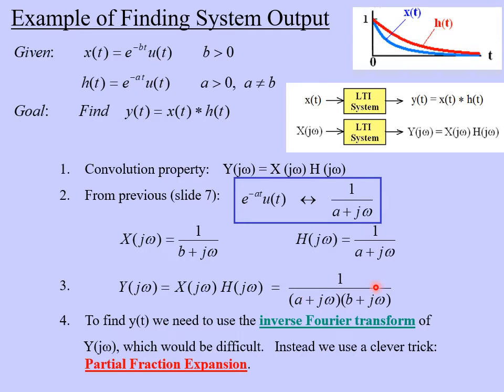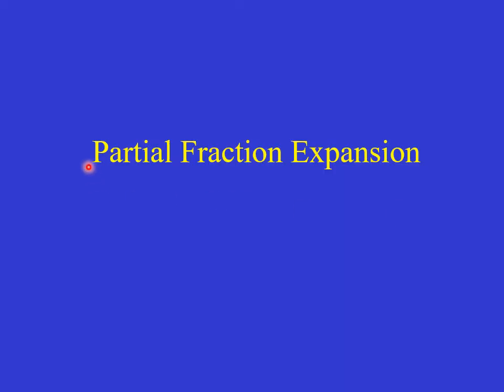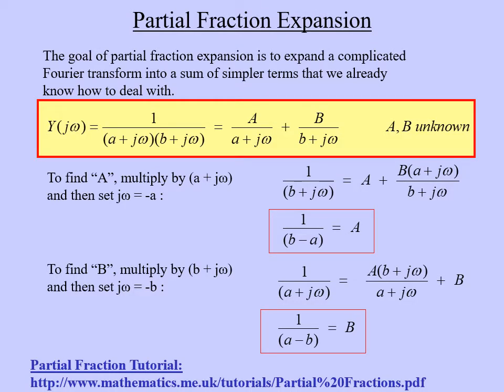So the easiest way to do this is by using a clever trick called partial fraction expansion. So let's take a look at what partial fraction expansion is. You've probably seen this before in one of your math classes. This is a trick that's often used to expand a fraction that looks something like this, that's got a product of terms in the denominator.